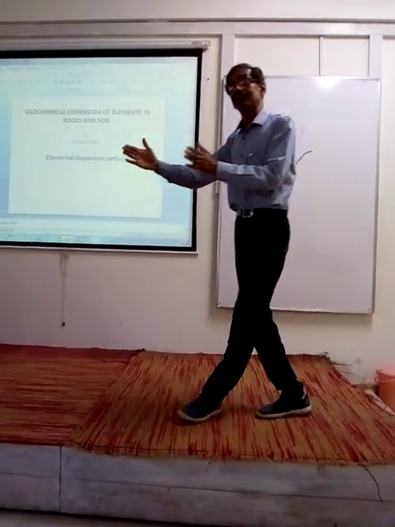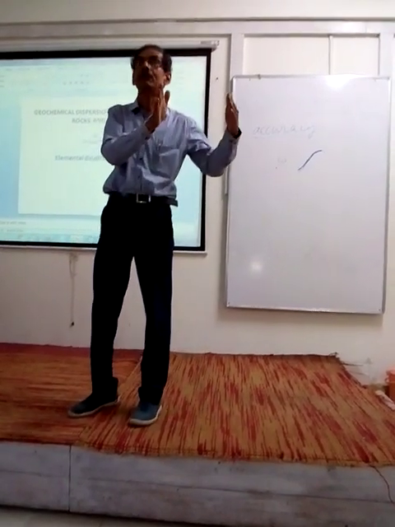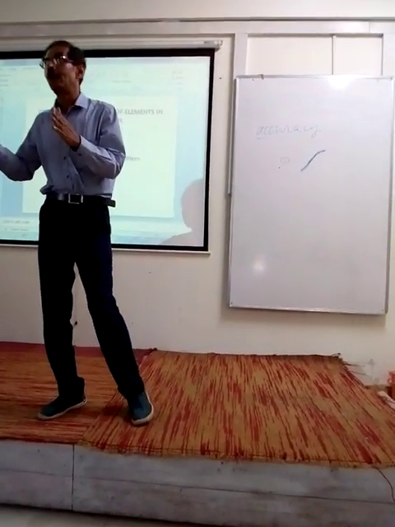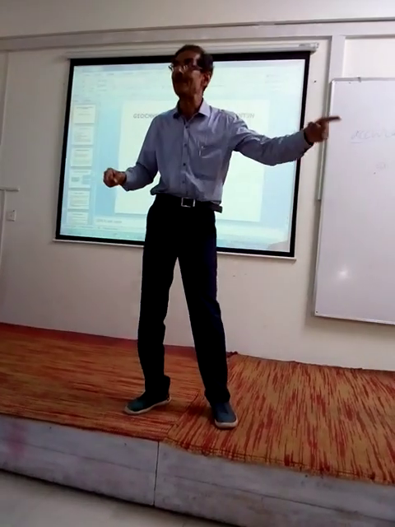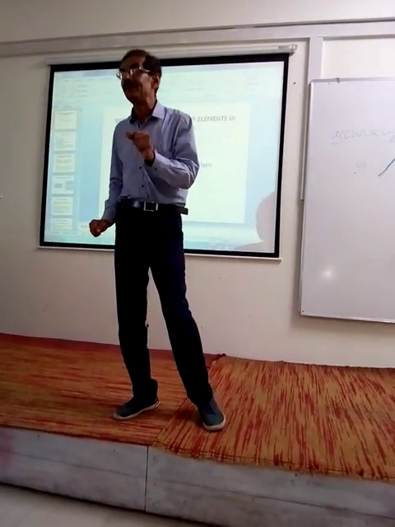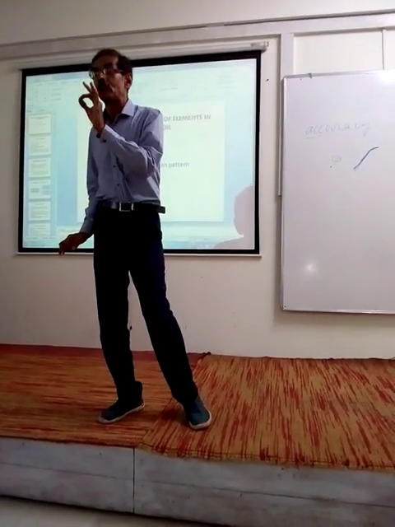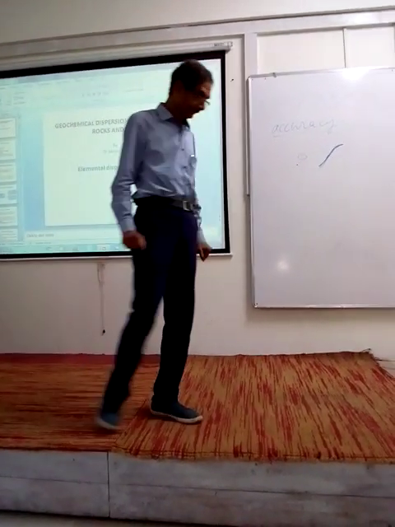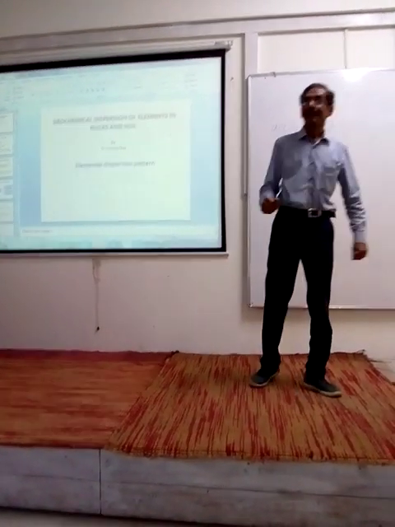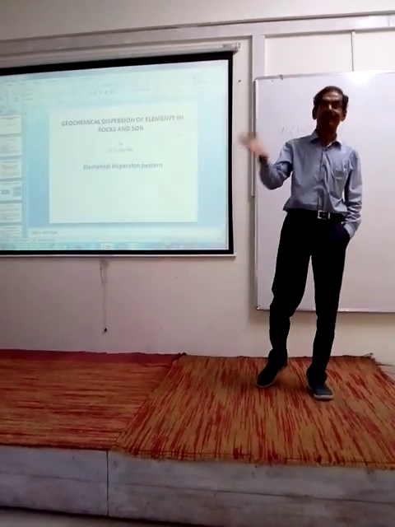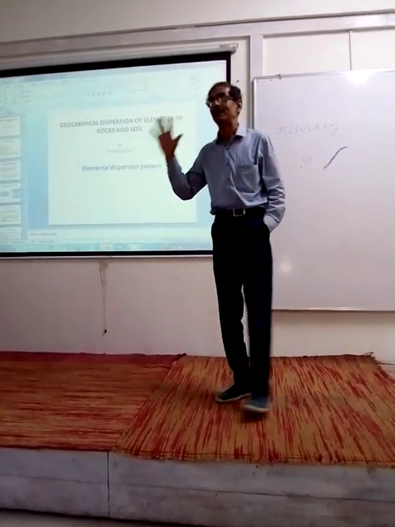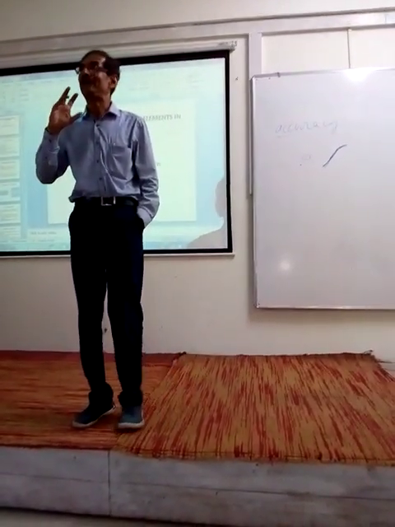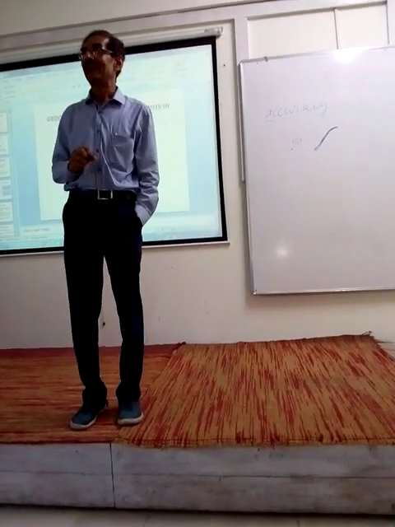Then map scale. When you are coming from regional scale to larger scale, the same base map will not be sufficient to provide all topographic information. Now, what is the basic difference between topographic map and thematic map? Thematic map depends on your observation.